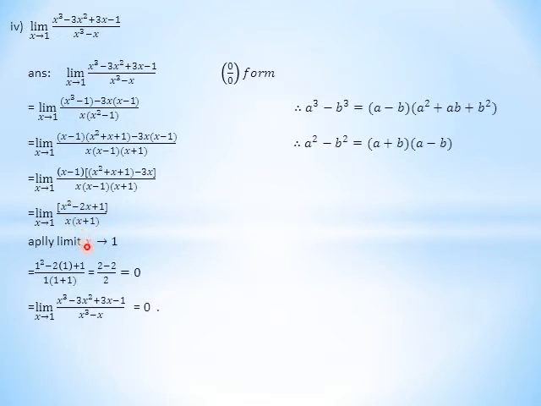Now we can apply the limit: we just put the value 1, so 1 square minus 2 times 1 plus 1, and the same in the denominator. So 0 upon 2 means 0, and this is a defined value. But 2 upon 0 is undefined. So the answer is 0.